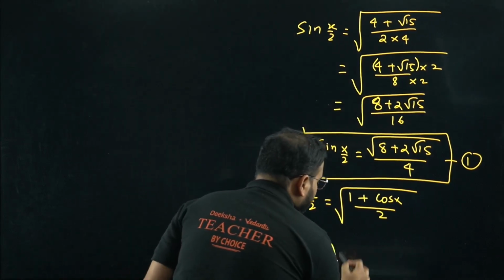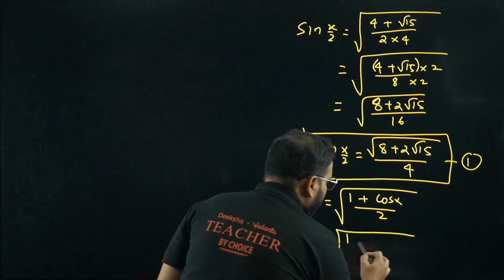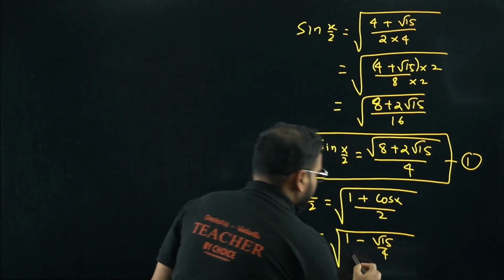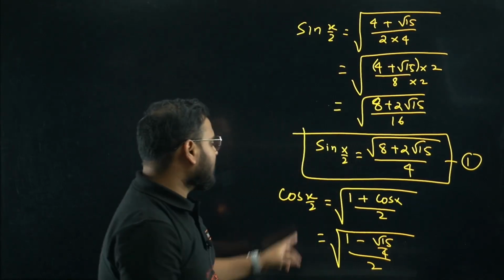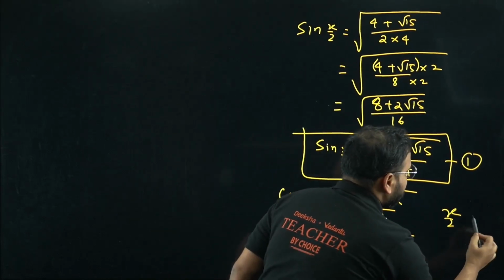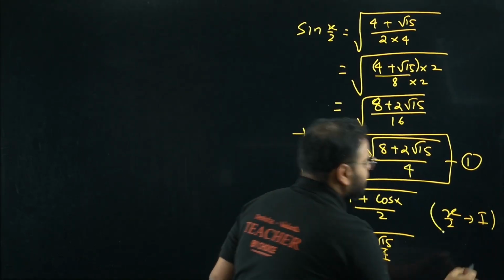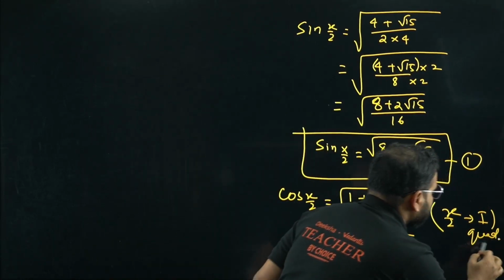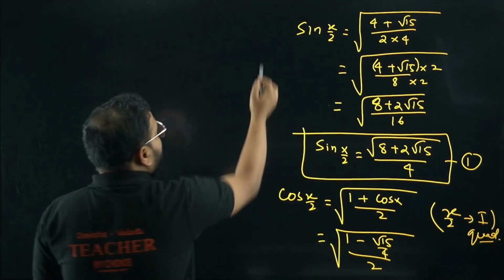We have cos already negative, it will become 1 minus root 15 by 4, okay, divided by 2. Will the cos be positive, sir, for x by 2? Yes, x by 2 is in first quadrant, na? First quadrant, so it will be positive, of course.